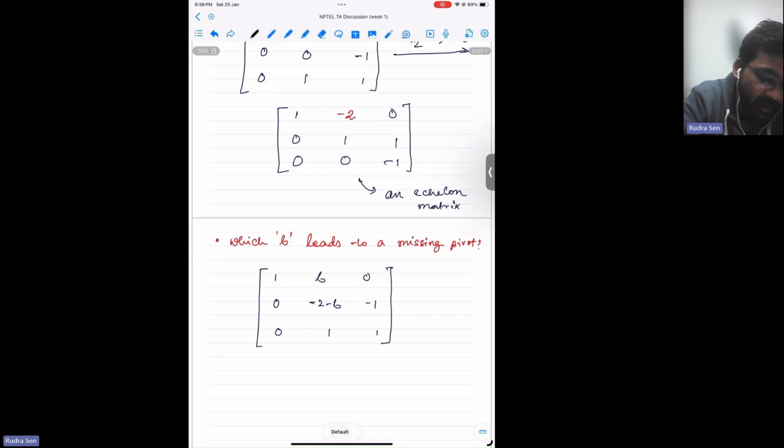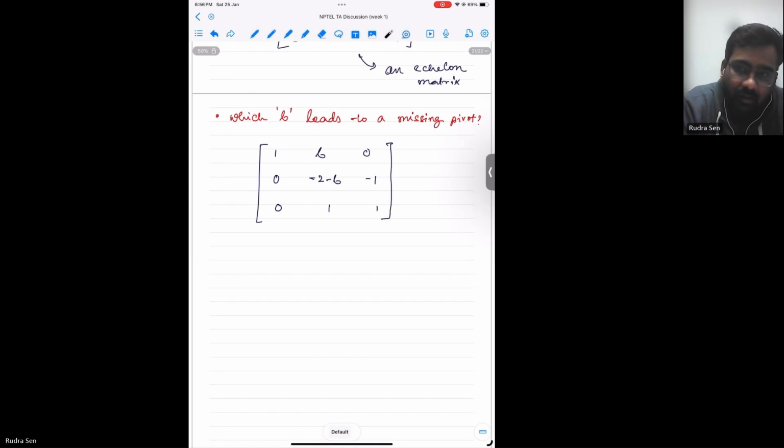A missing pivot means that we choose a b so that after some row operations, one row is completely zero. Each row should have one pivot. If in one row there does not exist any pivot, that means all the elements are zero, and a missing pivot scenario happens.